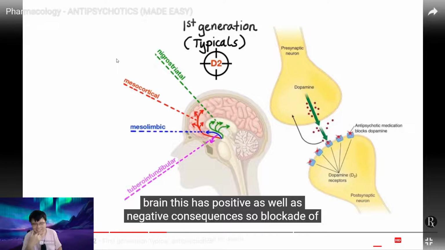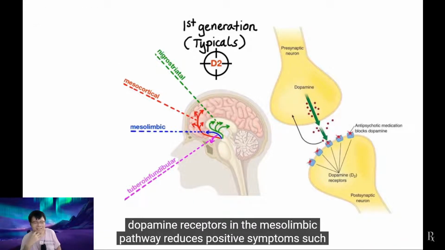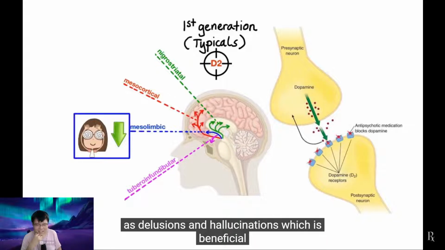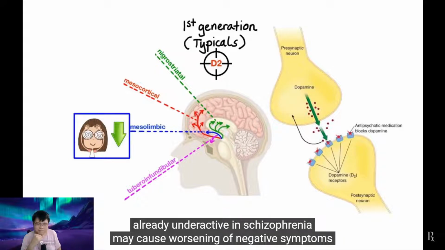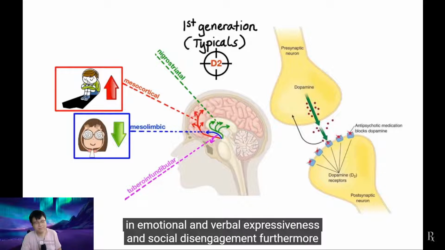This has positive as well as negative consequences. Blockade of dopamine receptors in the mesolimbic pathway reduces positive symptoms, such as delusions and hallucinations, which is beneficial. However, blockade of dopamine receptors in the mesocortical pathway that is already underactive in schizophrenia may cause worsening of negative symptoms and thus lead to diminished energy, lack of motivation, restrictions in emotional and verbal expressiveness, and social disengagement.